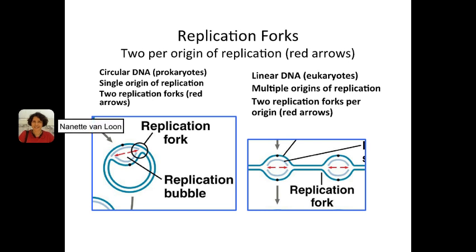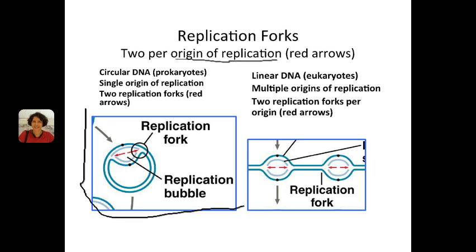We just mentioned that in bidirectional DNA replication, we get 2 replication forks, 2 per origin of replication. And in circular DNA, we see a little detail of that process. There is a single origin of replication that is shown here.